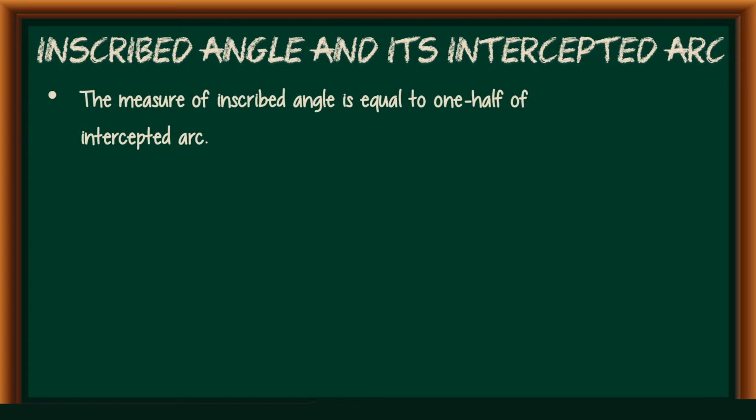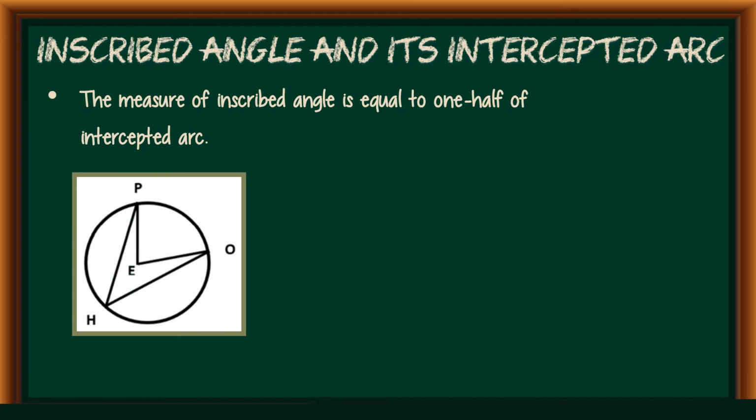According to a theorem, the measure of an inscribed angle is equal to half of the intercepted arc. So, what is our inscribed angle here? Yes, our inscribed angle is angle PHO. It says the measure of the inscribed angle is equal to half of the intercepted arc. What is the intercepted arc? Okay, this one, arc PO.